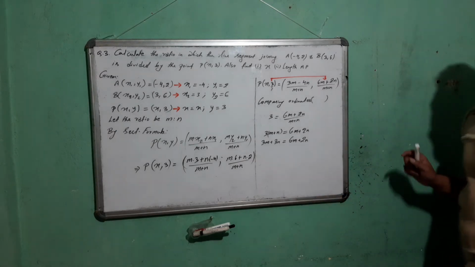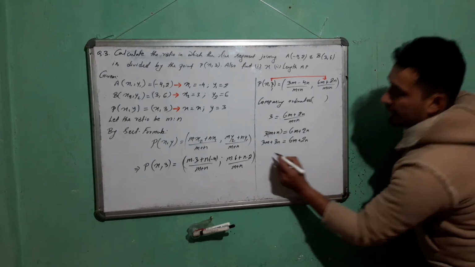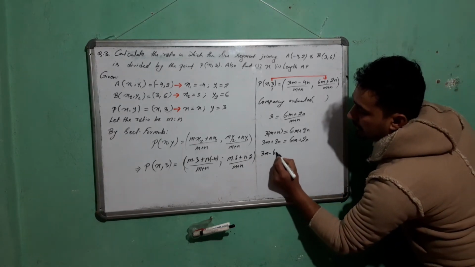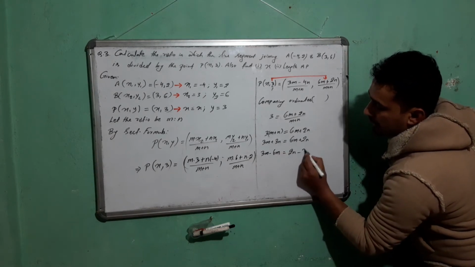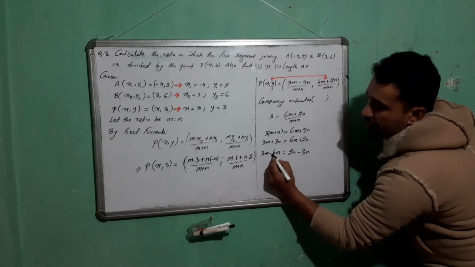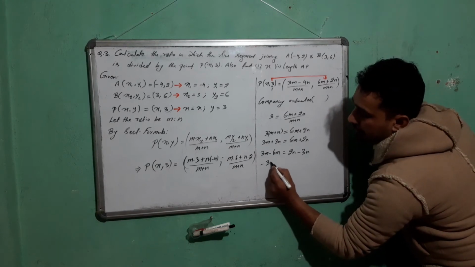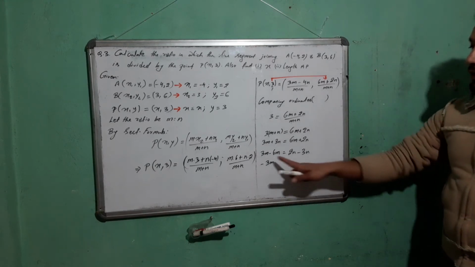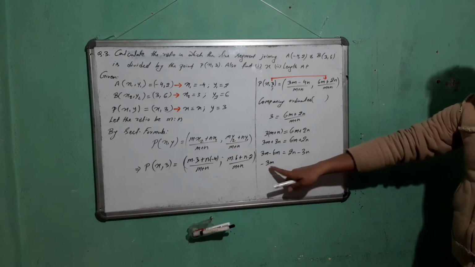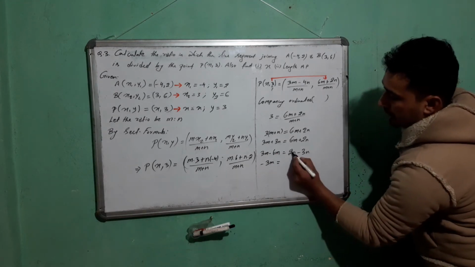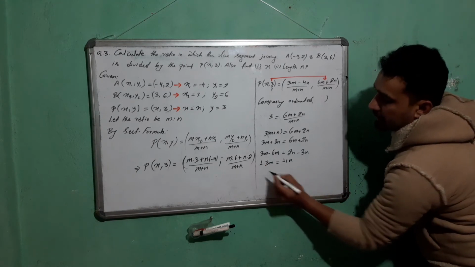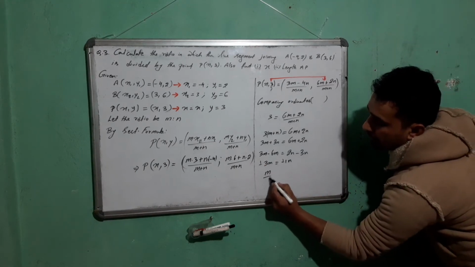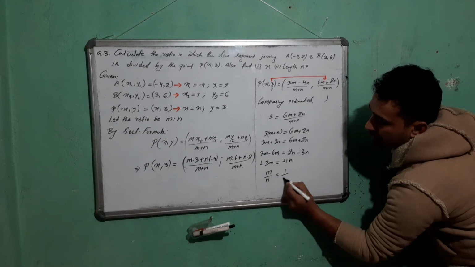Keep m one side and n another side. 3m minus 6m is minus 3m, equals 2n minus 3n, which is minus 1n. So minus minus gets cancelled. m upon n will be equal to 1 upon 3.